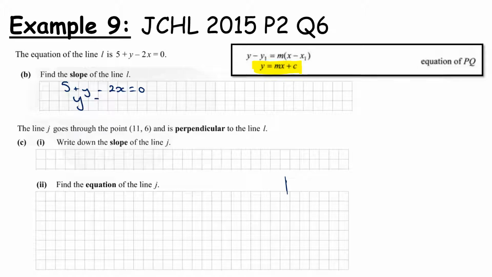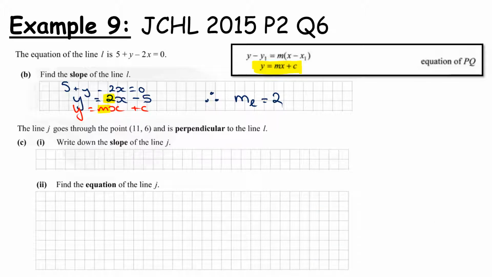Adding 2x to both sides and subtracting 5 from both sides, I get y is equal to 2x minus 5. Therefore, the slope of L is equal to 2. Remember, y equals mx plus c. I'm looking specifically for the slope, so the m, and that is the coefficient of the x.